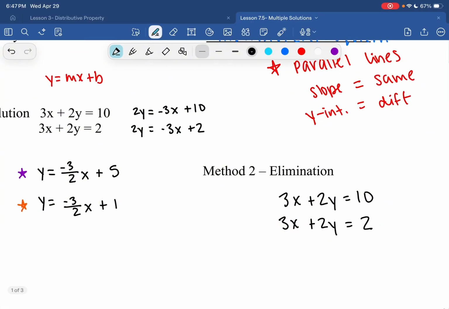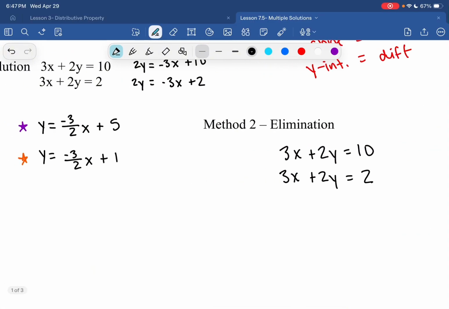Okay, so remember when we're solving by elimination, we are trying to get rid of an x variable or a y variable. In order to do that, we need to see if something is the same or if something's different, right? And it looks like 3x and 3x are the same, but it also looks like 2y and 2y are the same. And we are going to solve by subtraction, right?